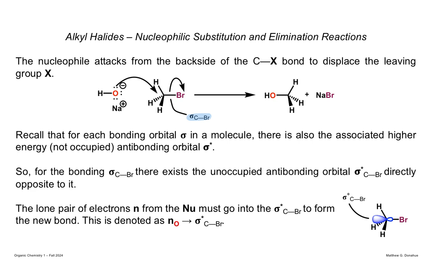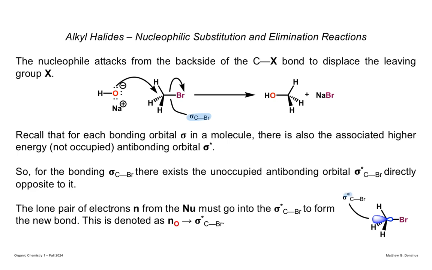But for carbon and bromine to bond, you have 2 elements, the carbon and the bromine. They're each supplying an orbital. That makes 1 orbital. Due to the conservation of things, you have to have another orbital. That's called the sigma star, or anti-bonding orbital.